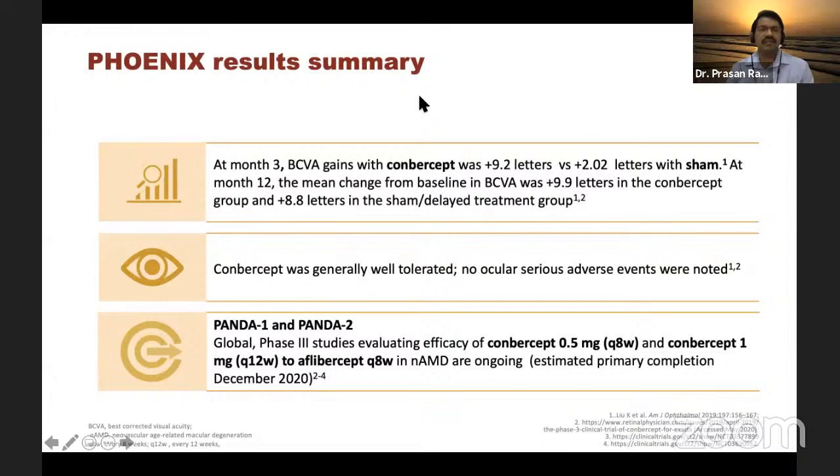The Phoenix results showed that conbercept had better visual gains as compared to sham. It was well tolerated and did not show any adverse side effects. Currently there are 2 trials, the Panda 1 and the Panda 2, which are global phase 3 twin trials, looking at 2 doses of conbercept, 0.5 milligram every 8 weeks and 1 milligram every 12 weeks, versus aflibercept every 8 weeks in neovascular AMD.